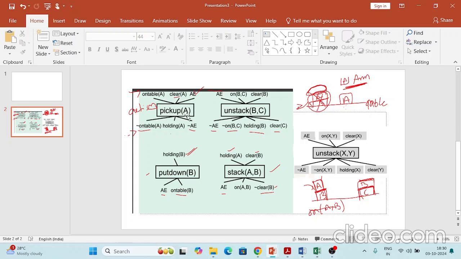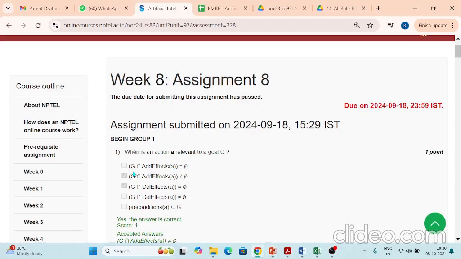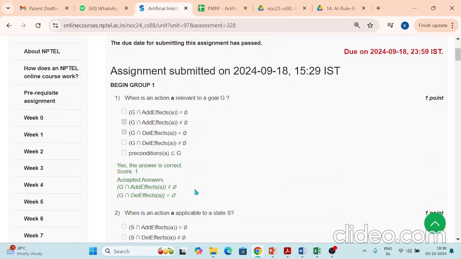So G intersection add effects is not equal to null set, meaning there should be some positive effect which is in G. And G intersection delete effects, that is the negative effects of A, is equal to null set.